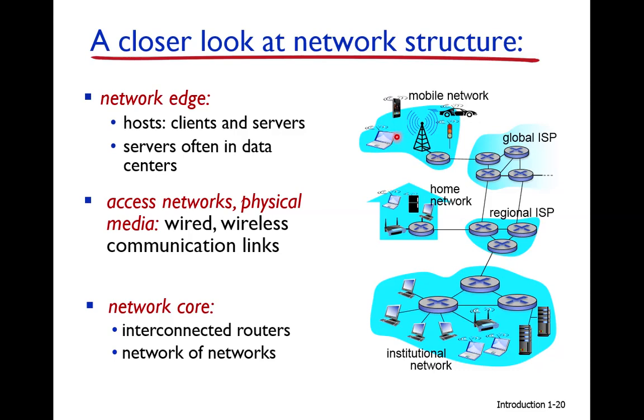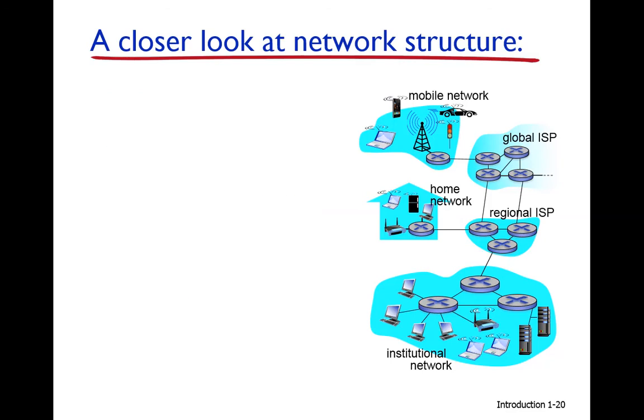One is called end systems, like mobile phone, desktop, laptop. These are called end systems. In an end system there are applications running. The user accesses the internet through these applications.